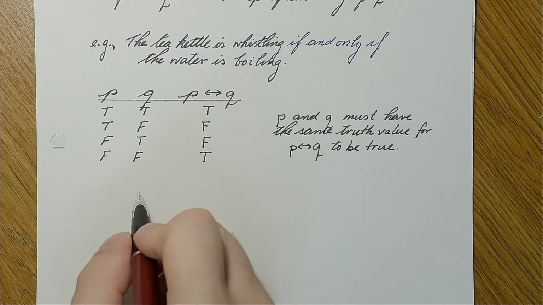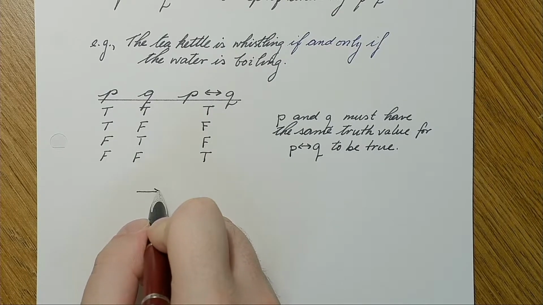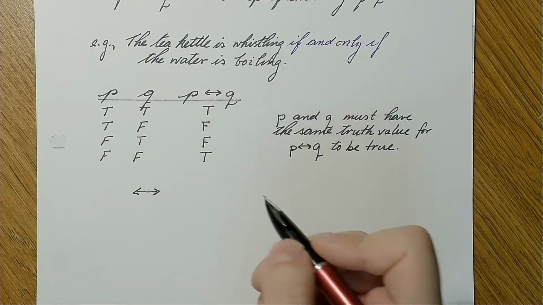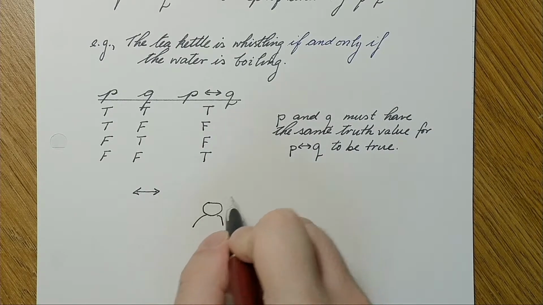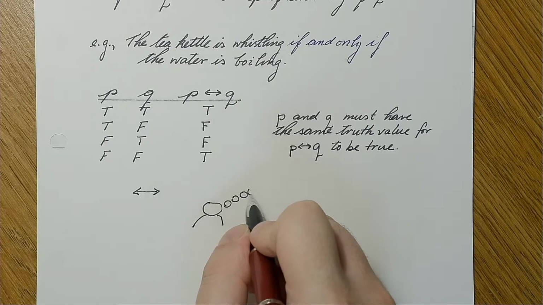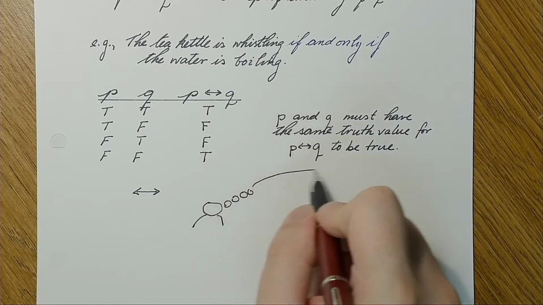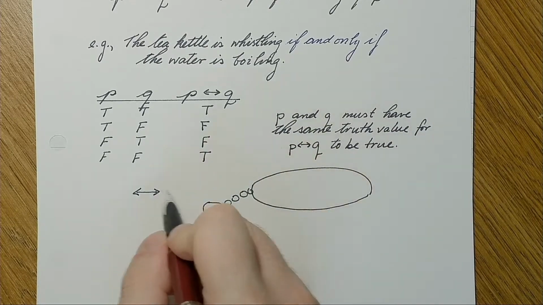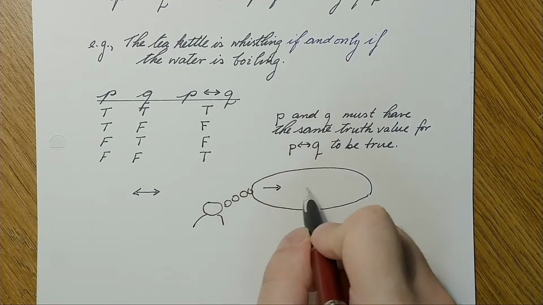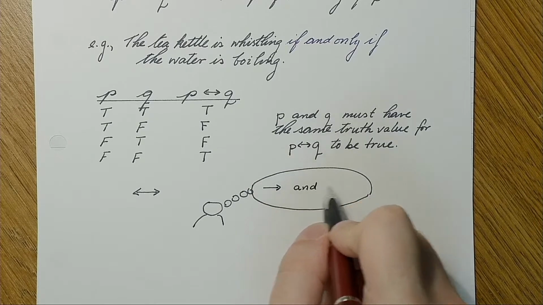So why are we using this back and forth arrow? It's so that you can actually think of it as going in the first direction and in the reverse direction.